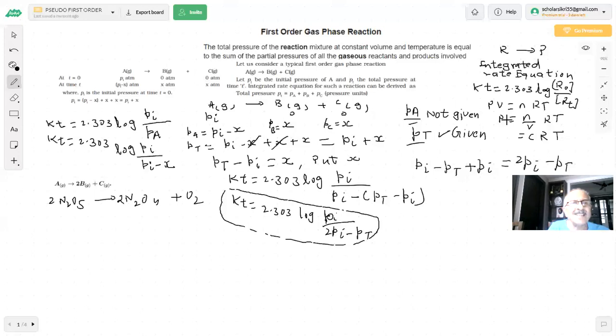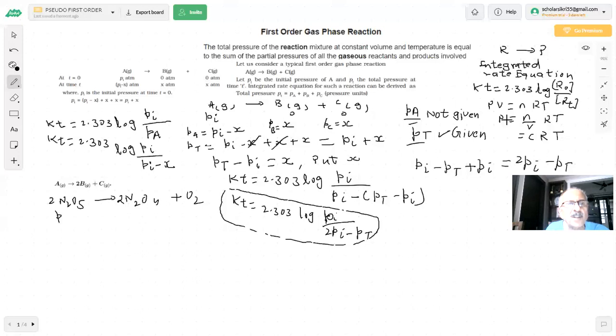So this is an example where I am saying 2A is giving me 2B plus C. Supposing I have to make a formula for this, how will I make it? Now, the initial pressure is Pi.